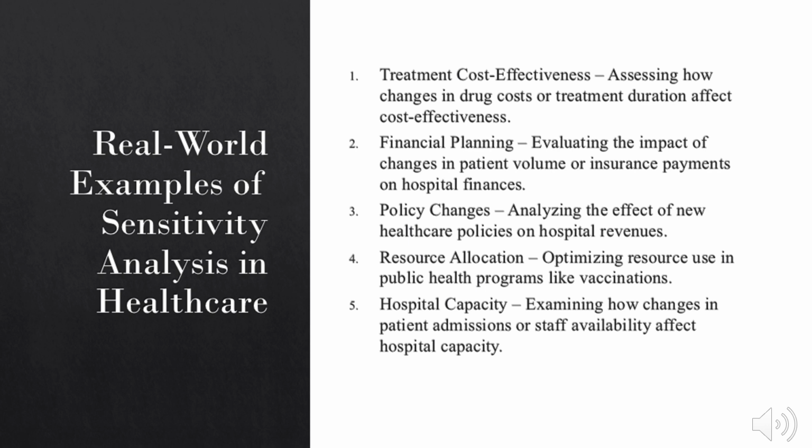Number 3, policy changes. Analyzing the effect of new healthcare policies on hospital revenues. Number 4, resource allocation. Optimizing resources used in public health programs like vaccinations. Lastly, number 5, hospital capacity. Examining how changes in patient admissions or staff availability affect hospital capacity.